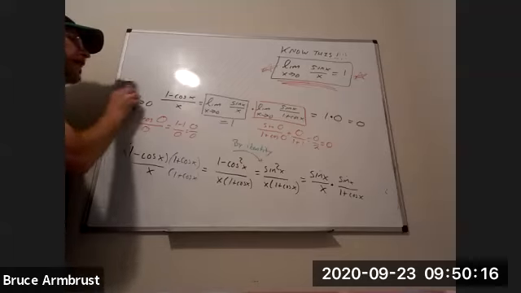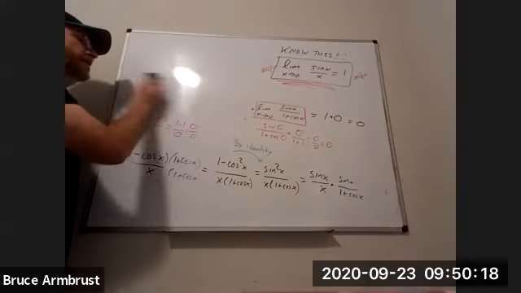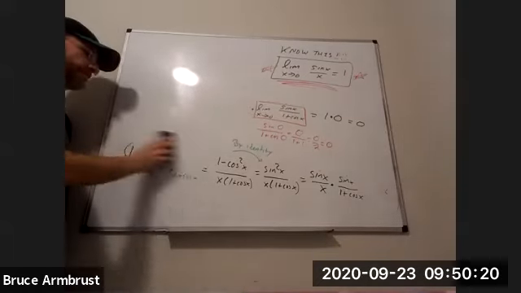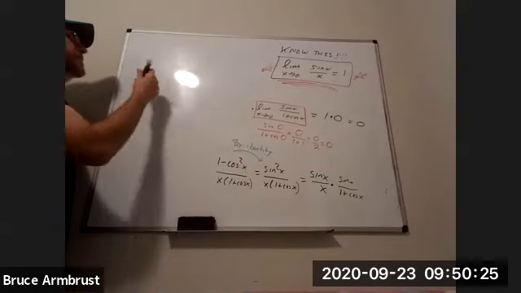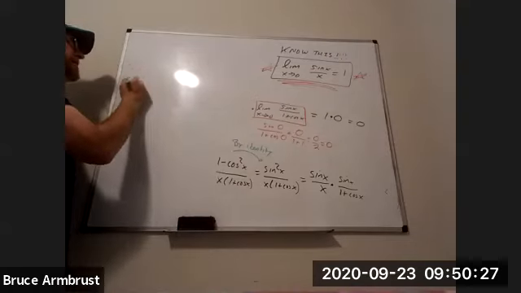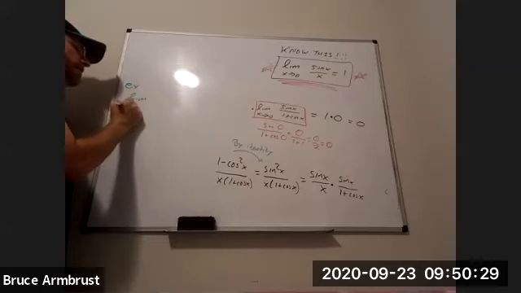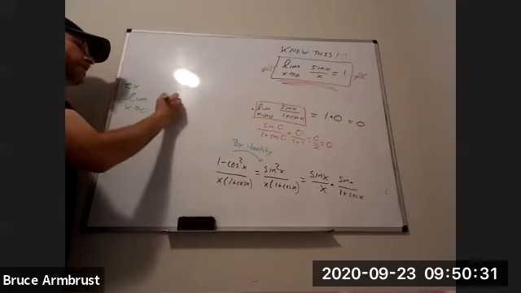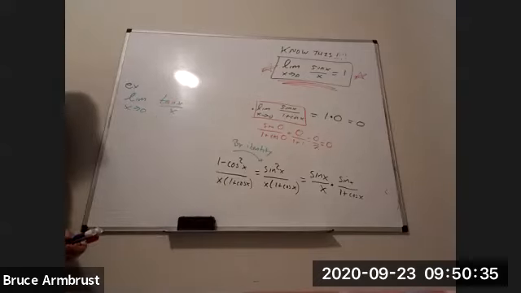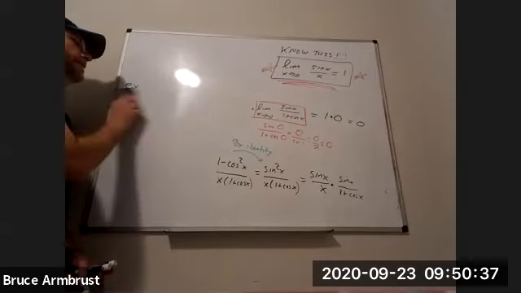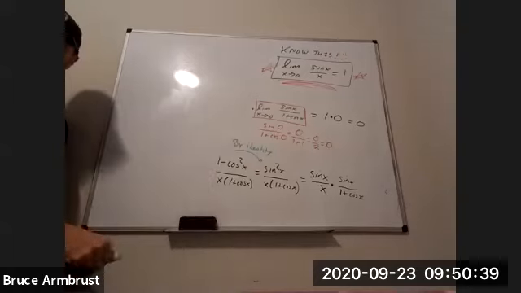Okay, so let's try another one here. Let's go tangent. So let's look at the limit as x goes to 0 of tangent of x over x.